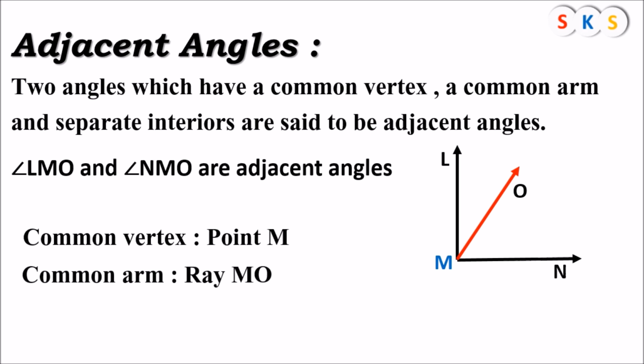And you can see in this figure the interiors of angle LMO I have shown with red dots, and the interiors of angle NMO I have shown with yellow dots, and you can see that their interiors are separated, they are not mixed with each other. Therefore angle LMO and angle NMO are adjacent angles in this figure.